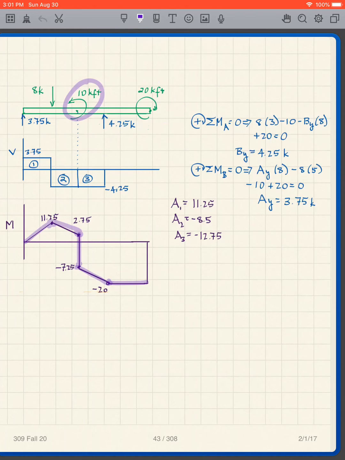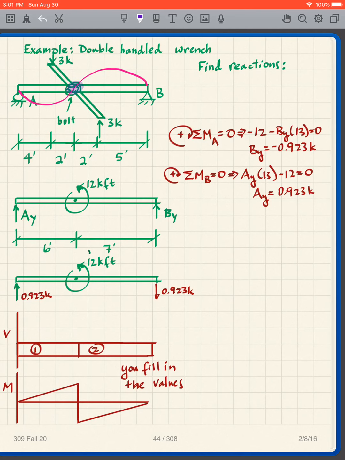Now, how do we get these concentrated moments? I want to introduce this with the double-handled wrench. This concept here, in a sense. Suppose I have a bolt here on the beam, and then I have a wrench there, and I'm going to twist the bolt.